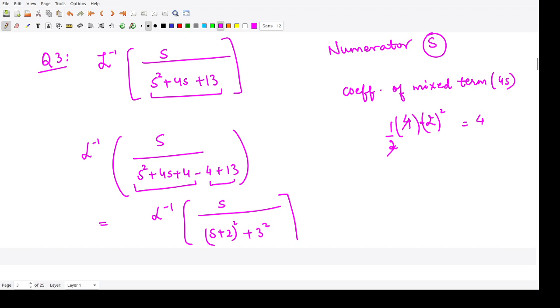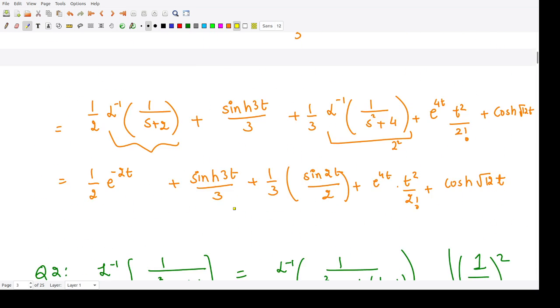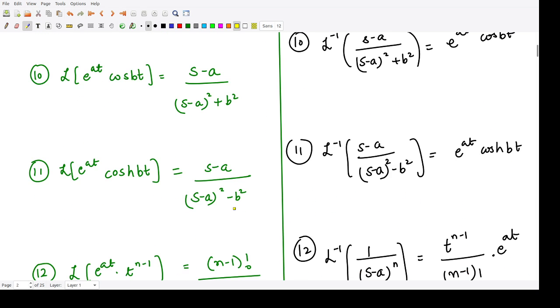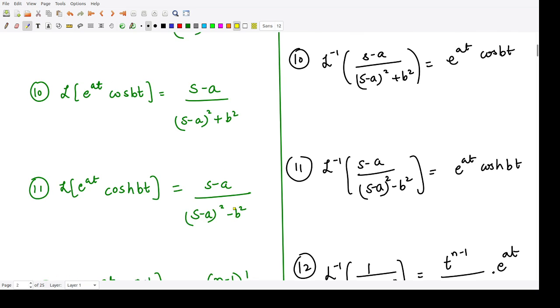Okay. So now when you have to apply the Laplace inverse, this term over here should be equal to this term. So accordingly, which formula would you use? You have to use a formula of this kind.